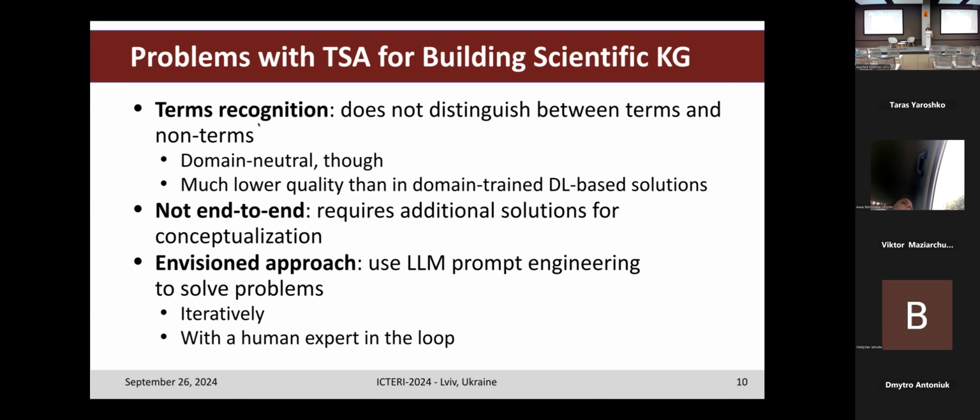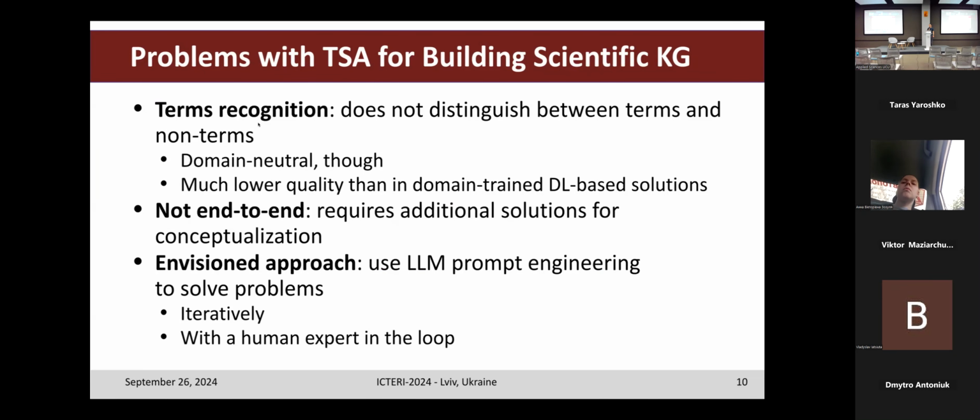So obviously this approach would have a much lower accuracy in this area compared to some domain-specific deep learning based approach. Secondly, the TSA pipeline is not yet end-to-end for actually creating a knowledge graph, because we would need to find some additional solutions for the conceptualization part of the pipeline.